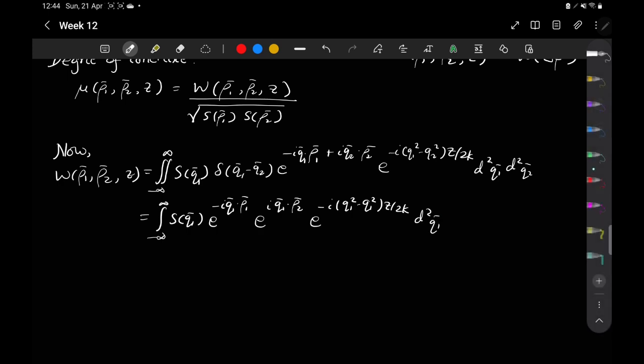So what we did is we did the integral over q2 using this delta(q1 minus q2).